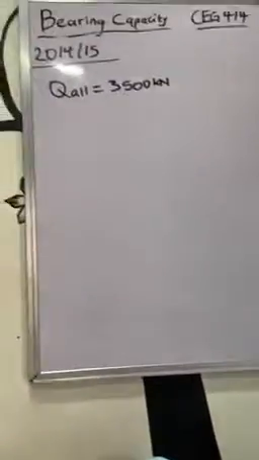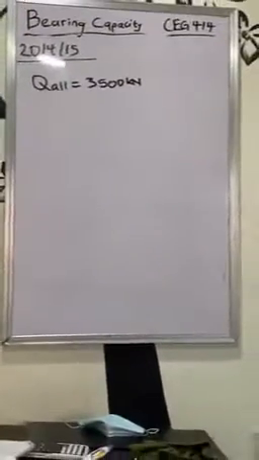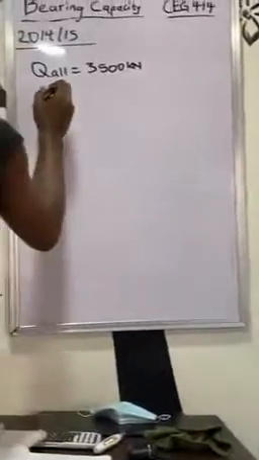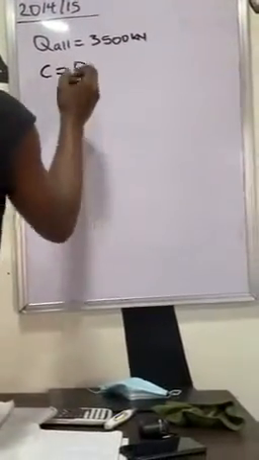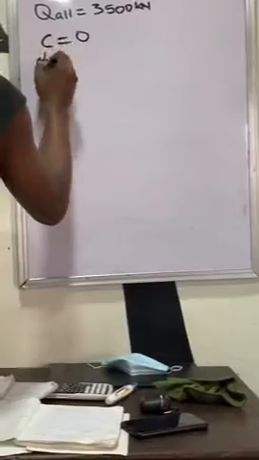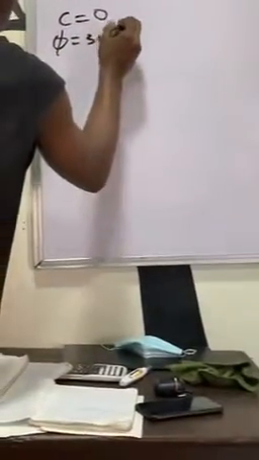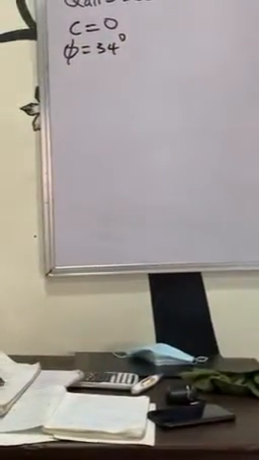The subsoil is a cohesionless soil with phi equal to 34 degrees. The soil has no cohesion, that is c equals 0. Phi is given as 34 degrees, and the unit weight is 18.5 kilonewton per meter cubed.